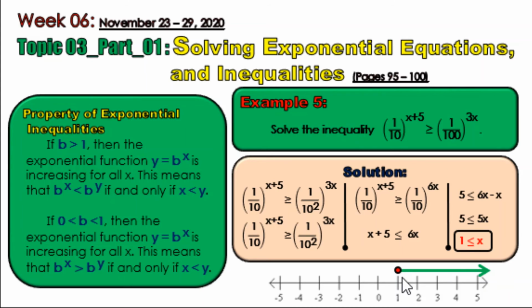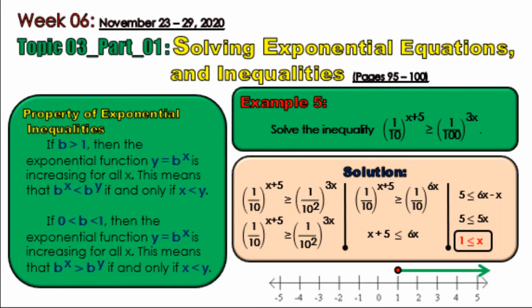So 1 is included as the value of x, and all the values of x greater than 1. So you can have values of x as 4, 5, 100, 1000, 2.5, and so on. You can give as many as you can, but you cannot use 0, -1, and so on as the values of x.